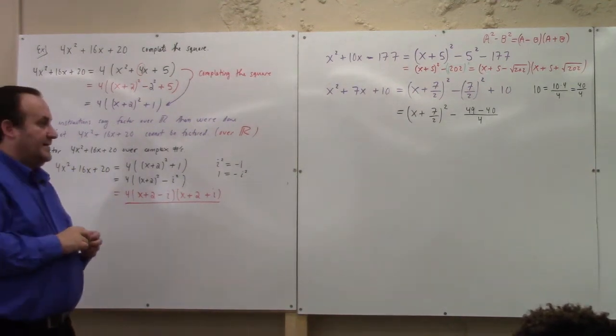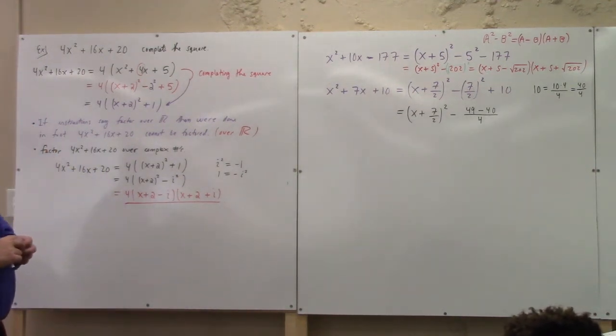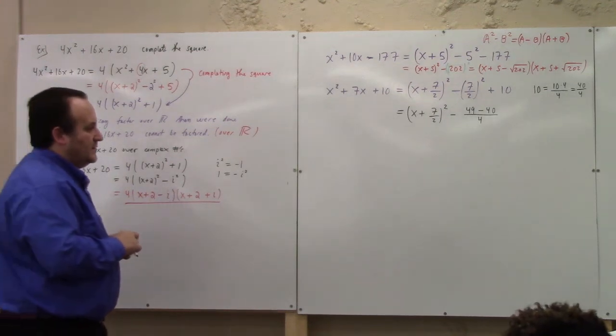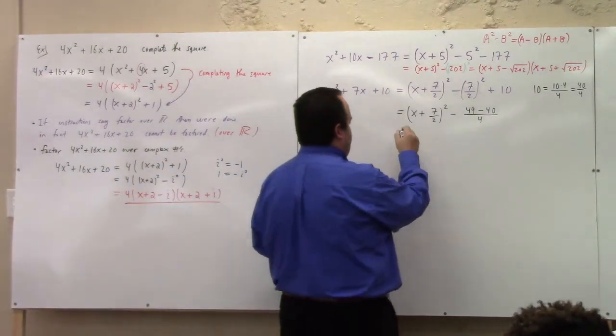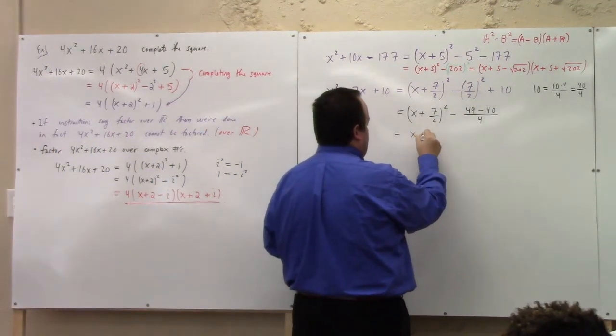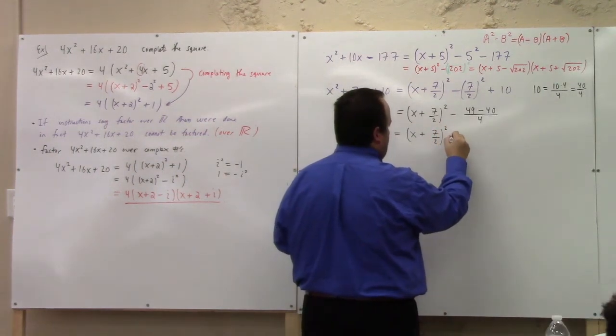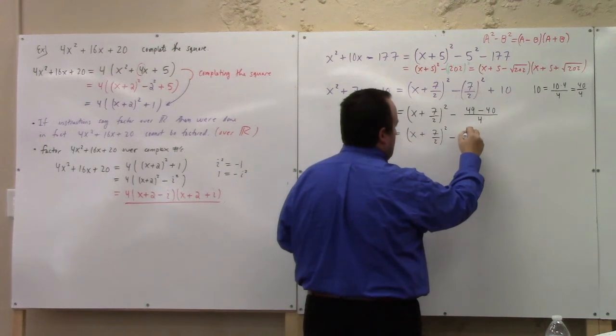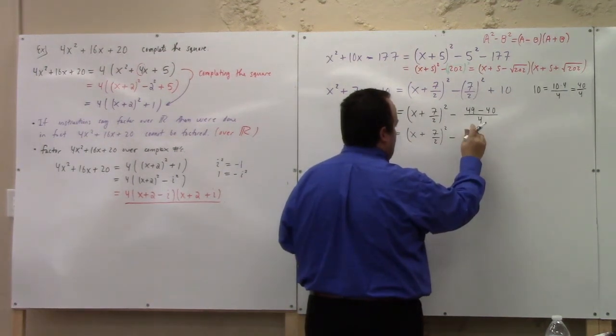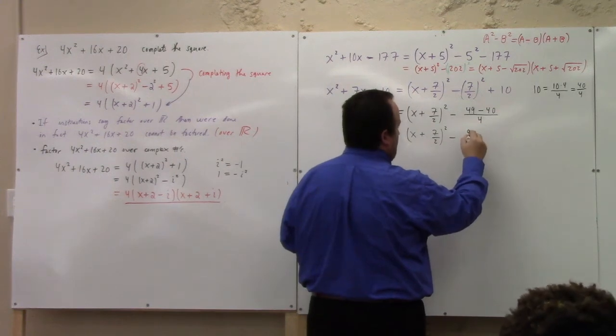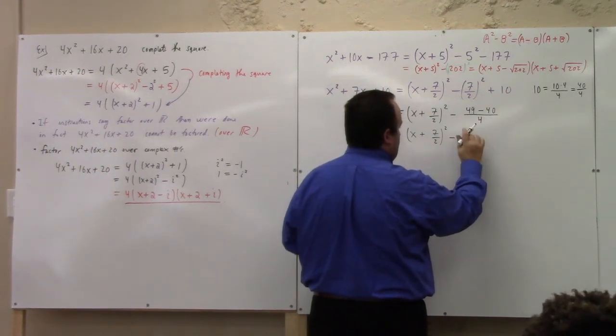Be careful about that. And what's 49 minus 40? 9. Hey, check that out. So this actually works out pretty nice, doesn't it? Could you factor this one, Sam? No? It looks like it might be possible. So you got 9 over 4.